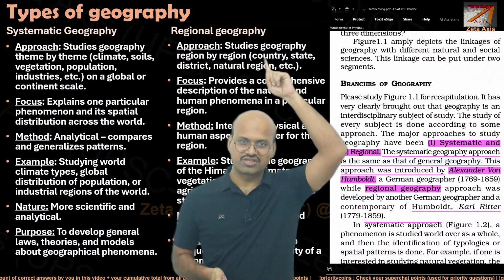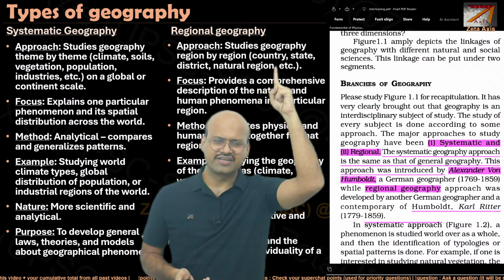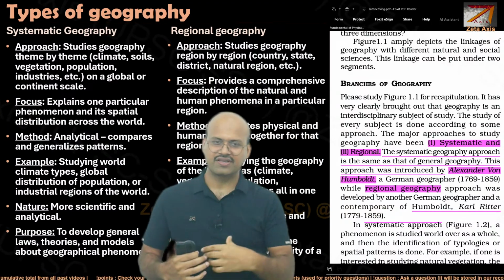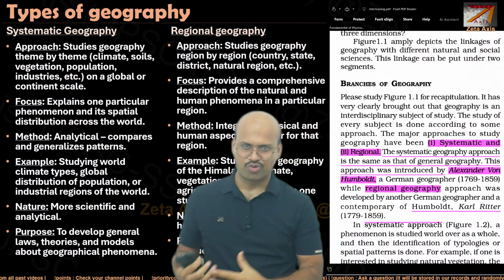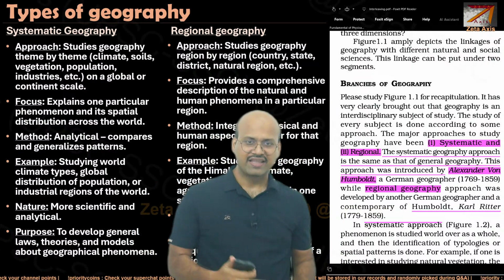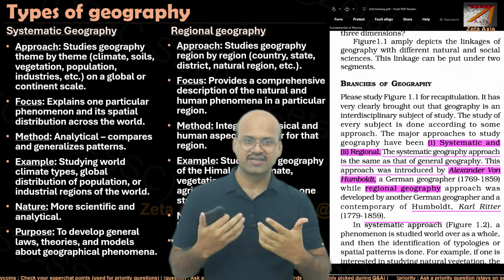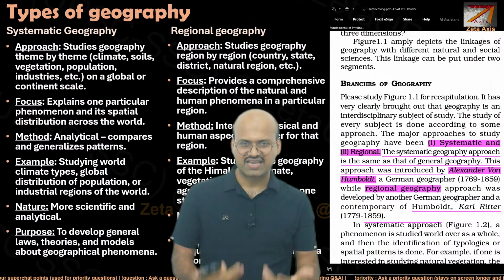This approach studies geography region by region: country, state, district, natural region. You can take a political or a natural distribution, a desert or a state, and then you study it in all terms to give a holistic understanding of that region.